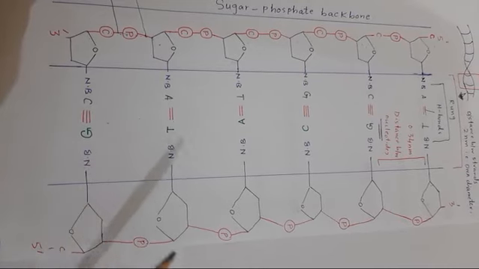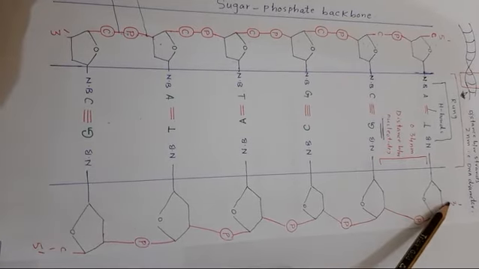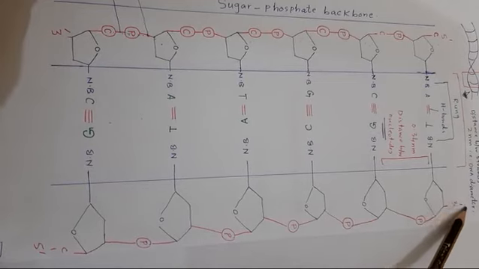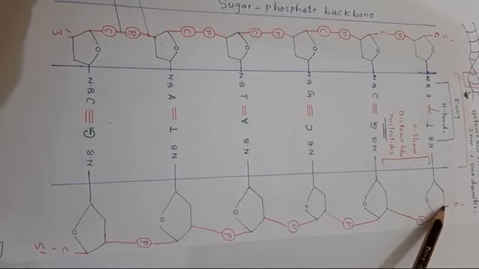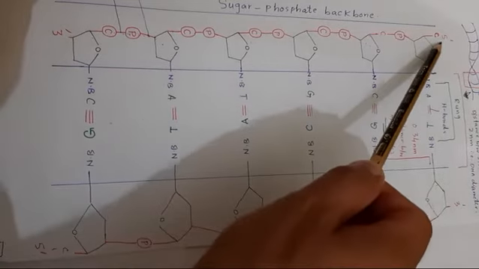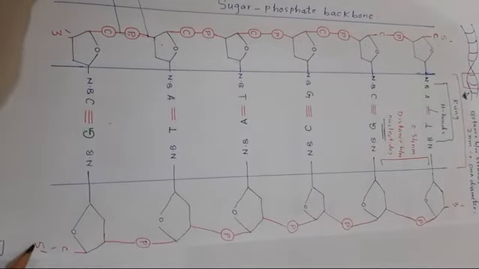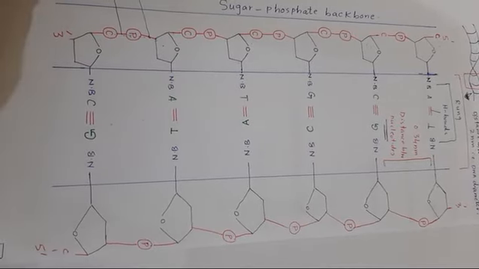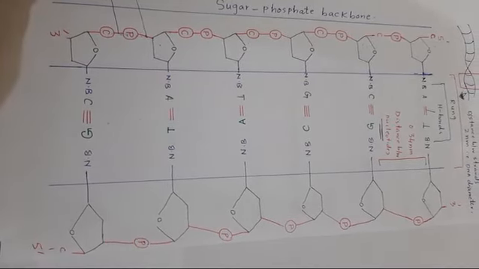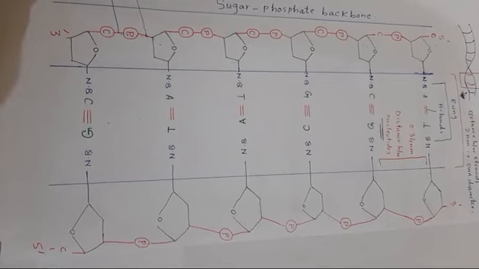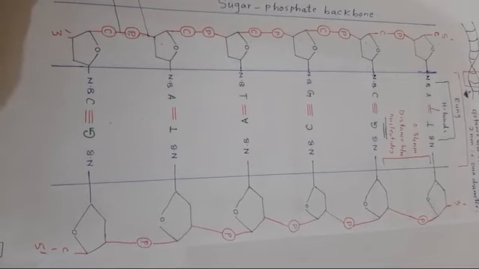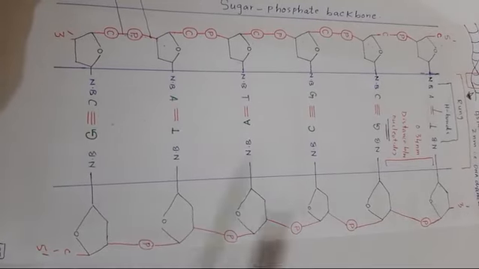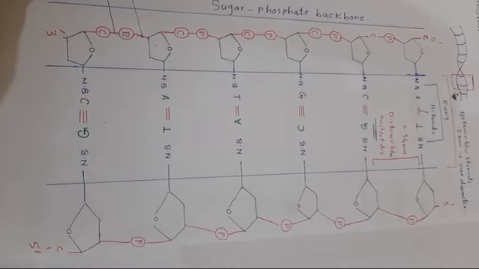In this polynucleotide chain, this is its 3 prime end, the third carbon of the pentose sugar. Here is the 5 prime end, and here is the 3 prime end. So the two strands are anti-parallel, running in opposite directions, 5 to 3 prime and 3 to 5 prime, right?